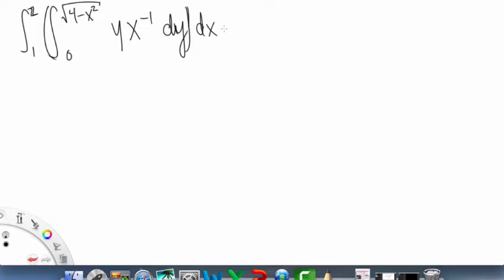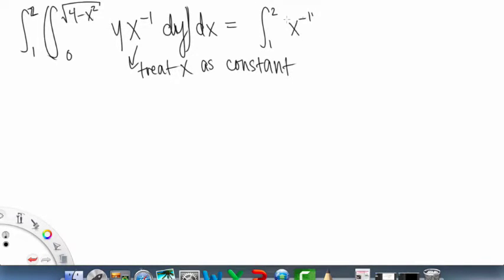We have the inner integral, and since we're integrating with respect to y, we're treating x as a constant. So treat x as constant, okay? And that means we're going to have 1 to 2, and then x to the negative 1 just stays there, because that's like a constant.